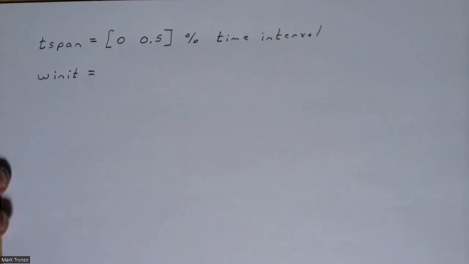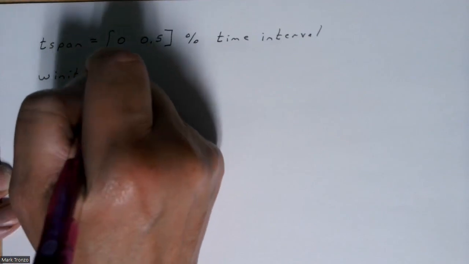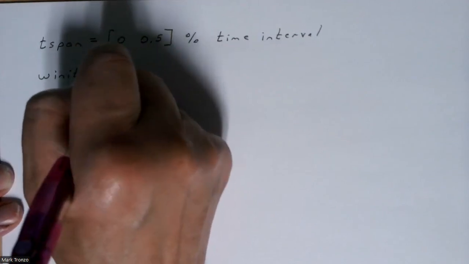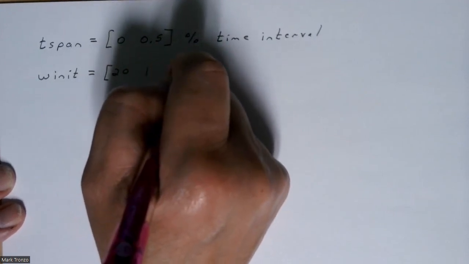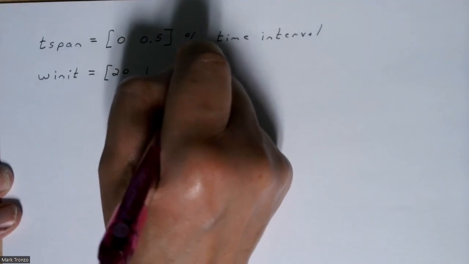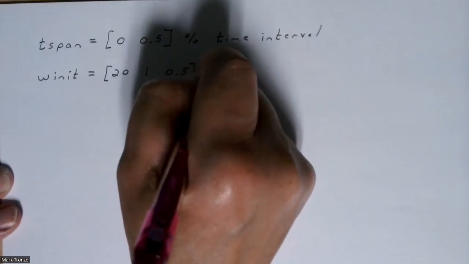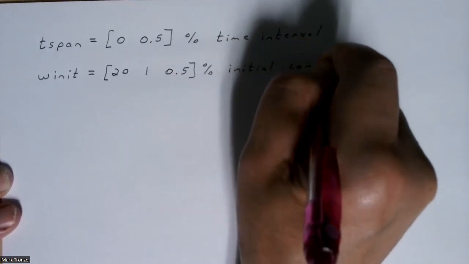And so put those numbers in, once again, in square brackets, 20, 1, and the other initial condition was 0.5. And I'm going to just put a comment here again, initial conditions.